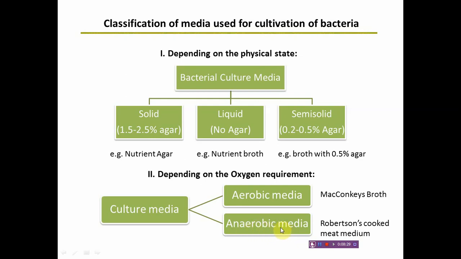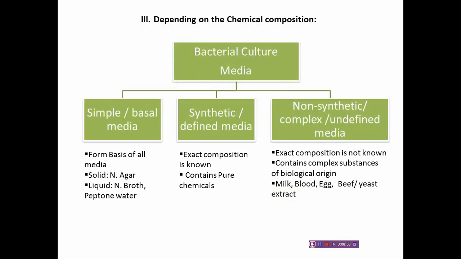Anaerobic media are specifically designed for the anaerobic cells or stringent anaerobes, the cells whose growth can be inhibited by little concentration of oxygen. Example of anaerobic medium is Robertson's cooked meat medium.